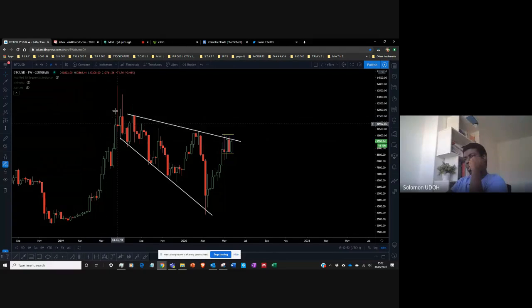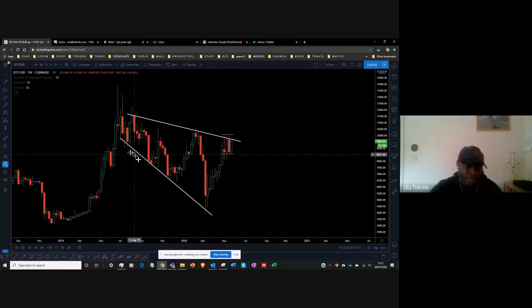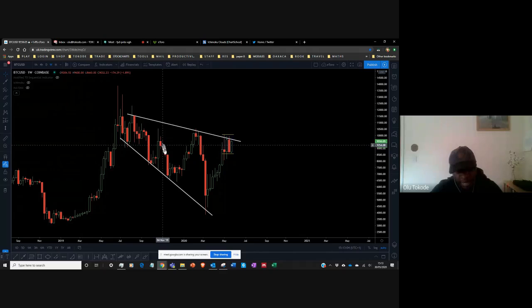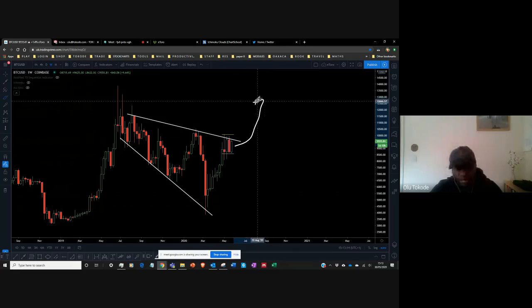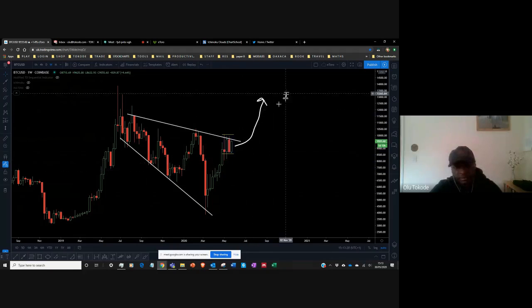Price is consolidating into a narrow wedge. We have this bounce, rejection, bounce, partial rise, bounce, rejection, bounce. Eventually, price should break out like that. This pattern usually breaks out to the upside.